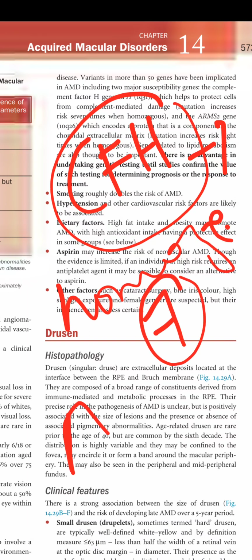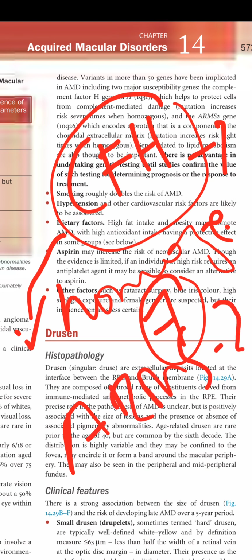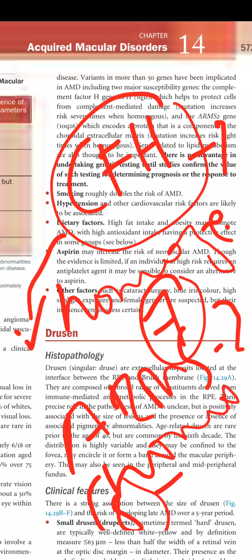The CFH basically helps protect the cells from the complement mediated damage. And then there is the ARMS2 gene, which when homozygous mutated can cause an 8 times risk of developing AMD. And it is basically a component of the choroidal extracellular matrix protein.